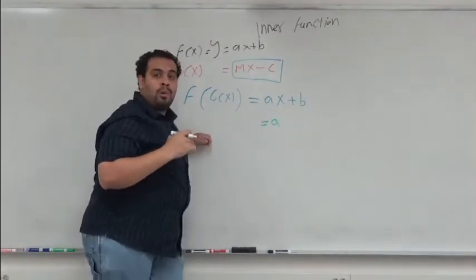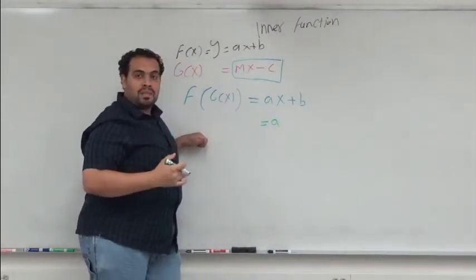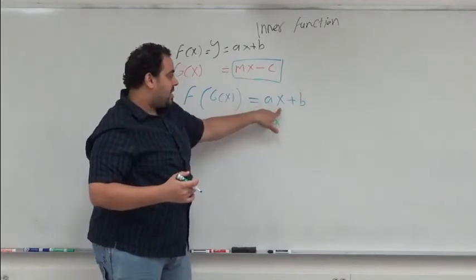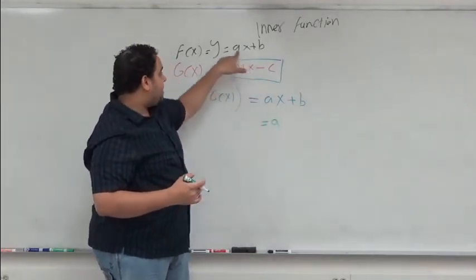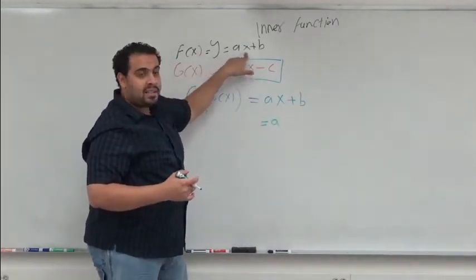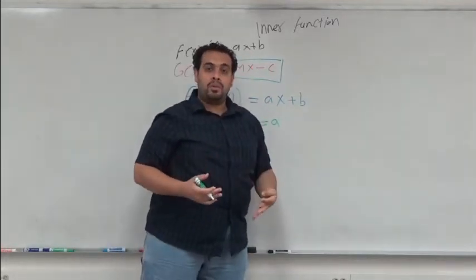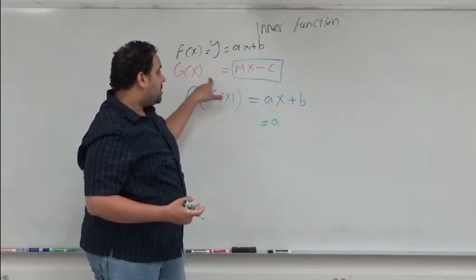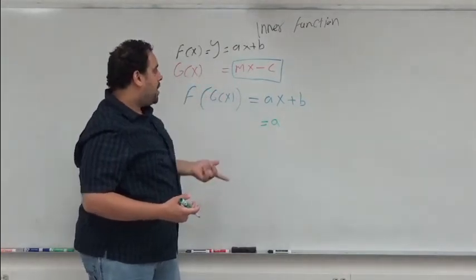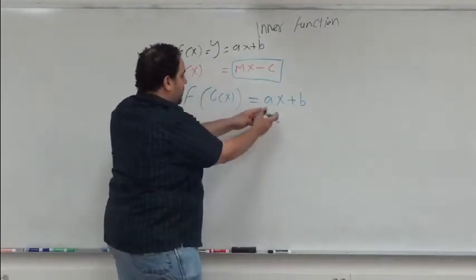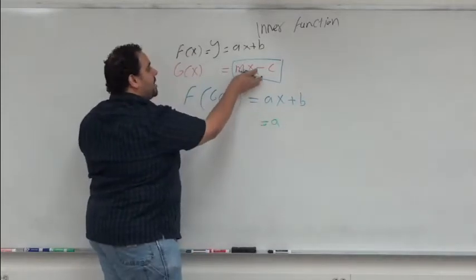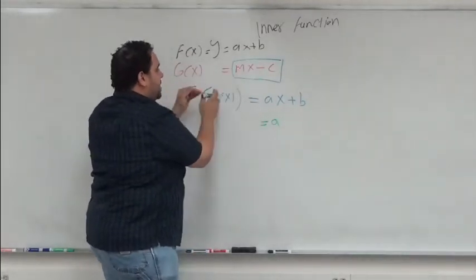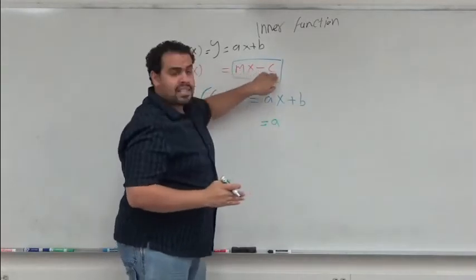Now we come to the real work: replace it. But what will I replace it with? I will replace it with the g of x. But do I take the x? No, you take whatever is equivalent to g of x. So g of x is equivalent to mx minus c.